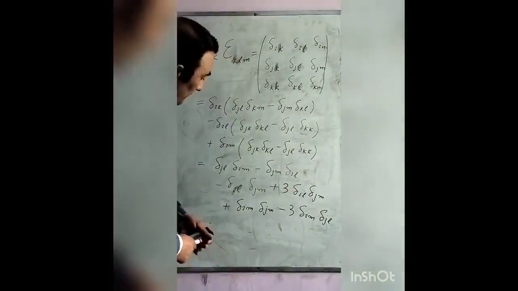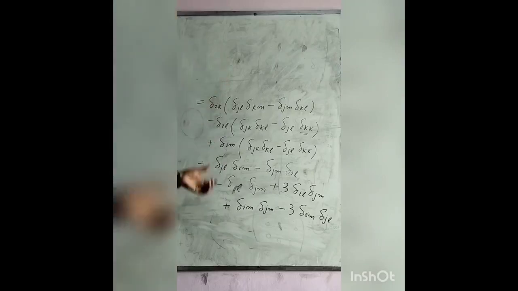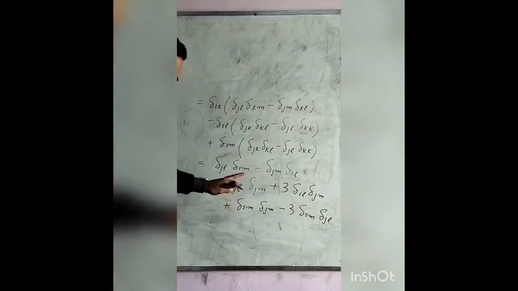And that is the product of these two epsilons. So you can write it this way. Now you just check, you can combine some of the terms here.